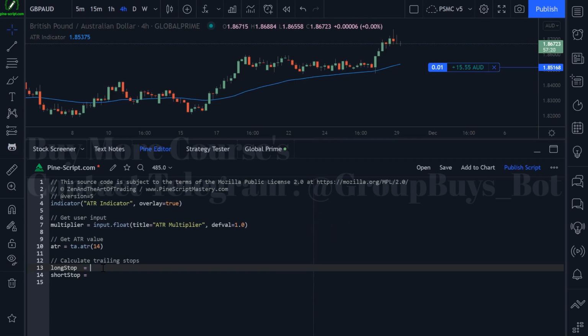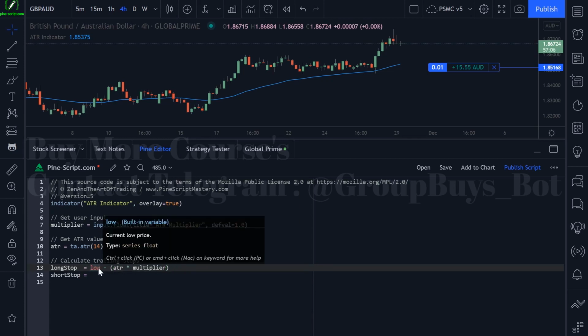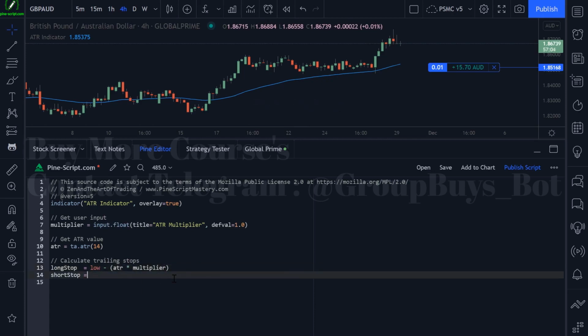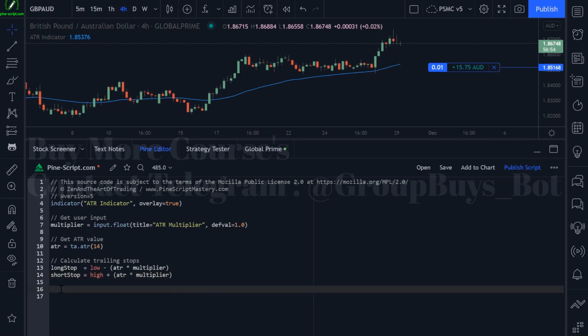So for that, we need to write low minus, open parentheses, ATR times our multiplier. So ATR multiplied by the multiplier will give us, if we subtract that number from the low of price action, our long stop. And it's the same for shorts, except we're adding it to the high, ATR times multiplier. There we have our long and short stop value.